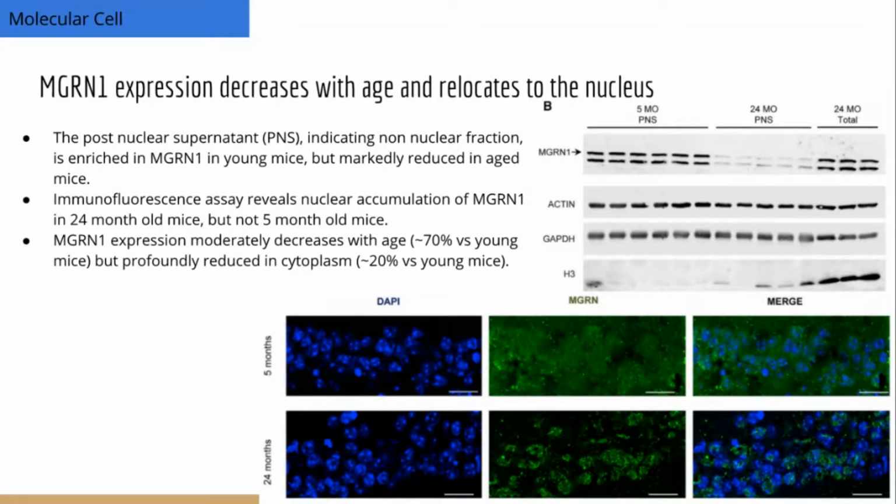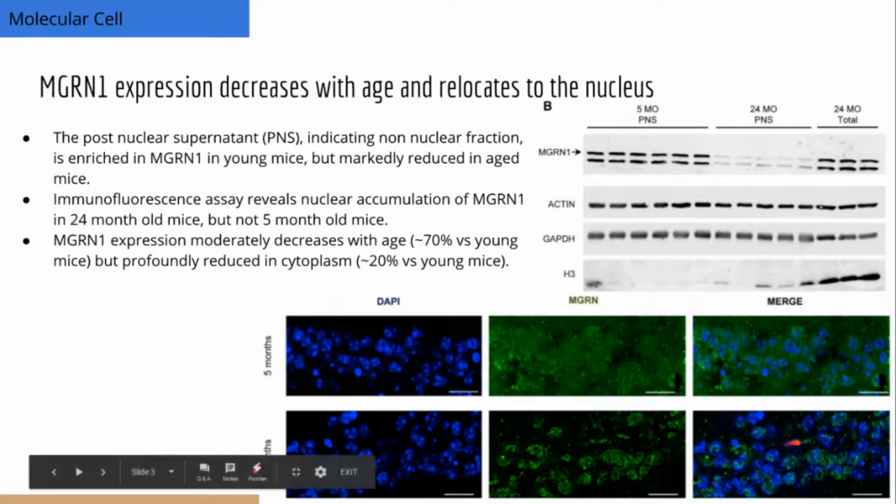Immunofluorescence assays confirmed this by peering directly into the cells and observing a primarily nuclear localization of MGRN1 by its co-localization with the nuclear stain DAPI. So you can see that the MGRN1 expression in 5-month-old mice is highly diffuse, while in 24-month-old mice, the MGRN1 staining in green is highly co-localized with DAPI.